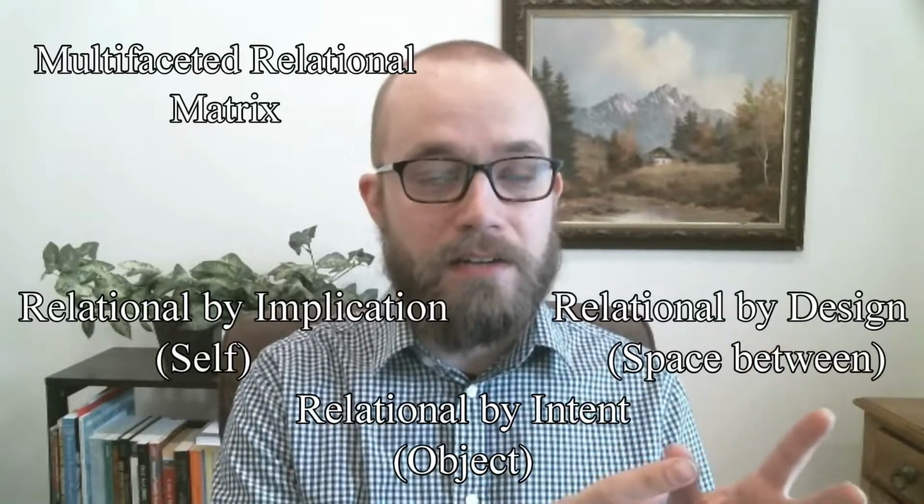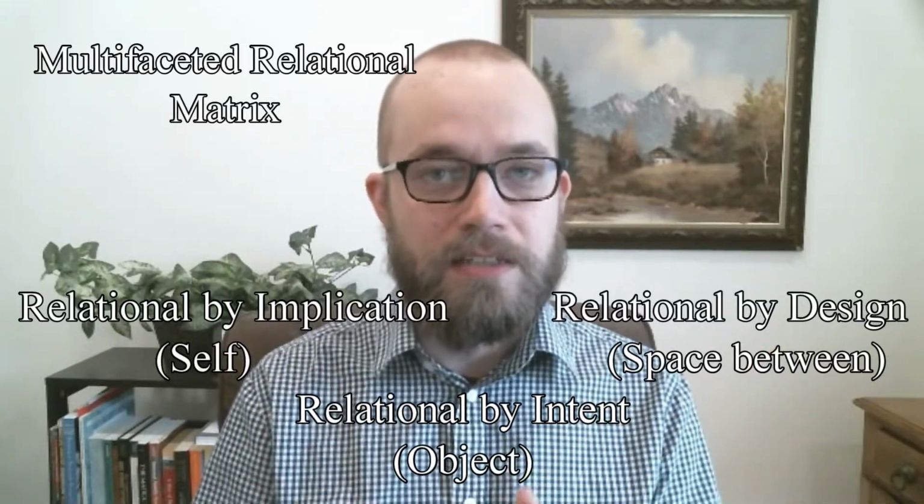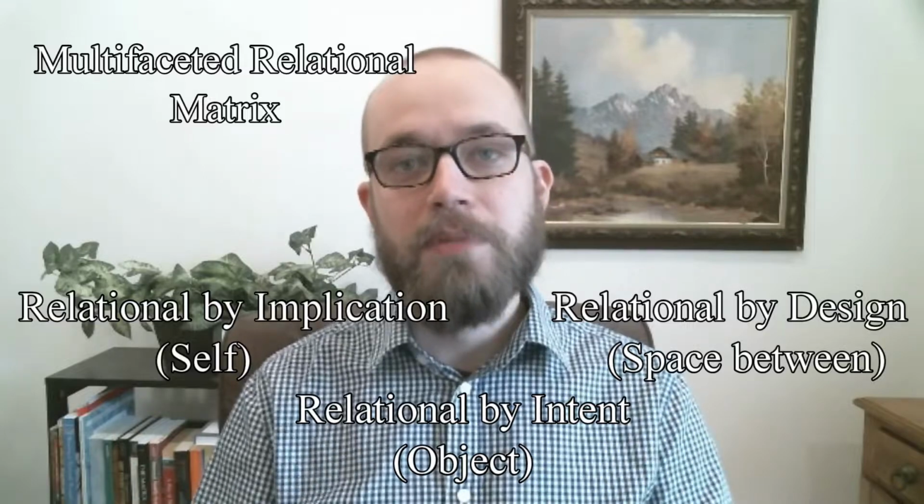Mitchell identifies three primary explanations as to why we are relational, and each one corresponds to a different facet within the relational matrix. So we have relational by design, relational by intent, and relational by implication. Let's start with the first category here, which is relational by design.